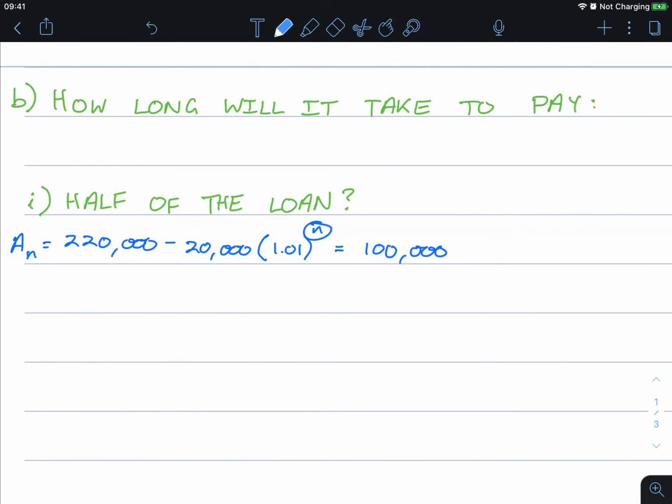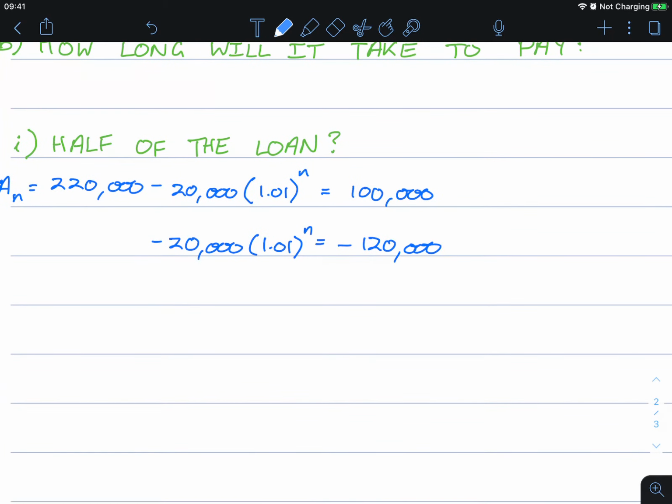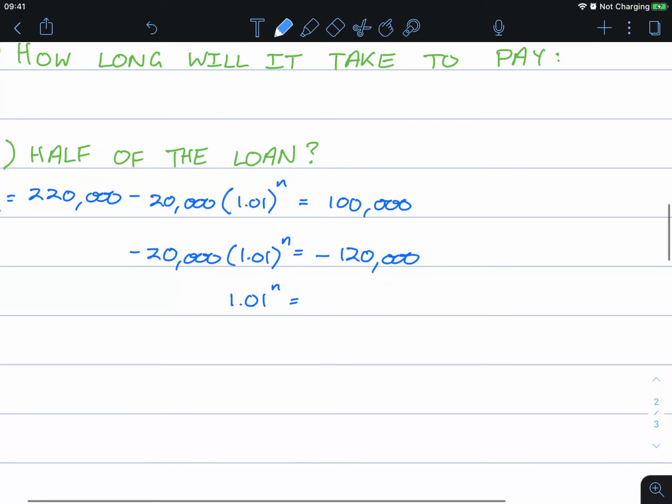Now we just solve for n. So in this case, we subtract 220,000, negative 120,000, dividing both sides by negative 20,000, leaving us with 1.01 to the power of n equals 6.